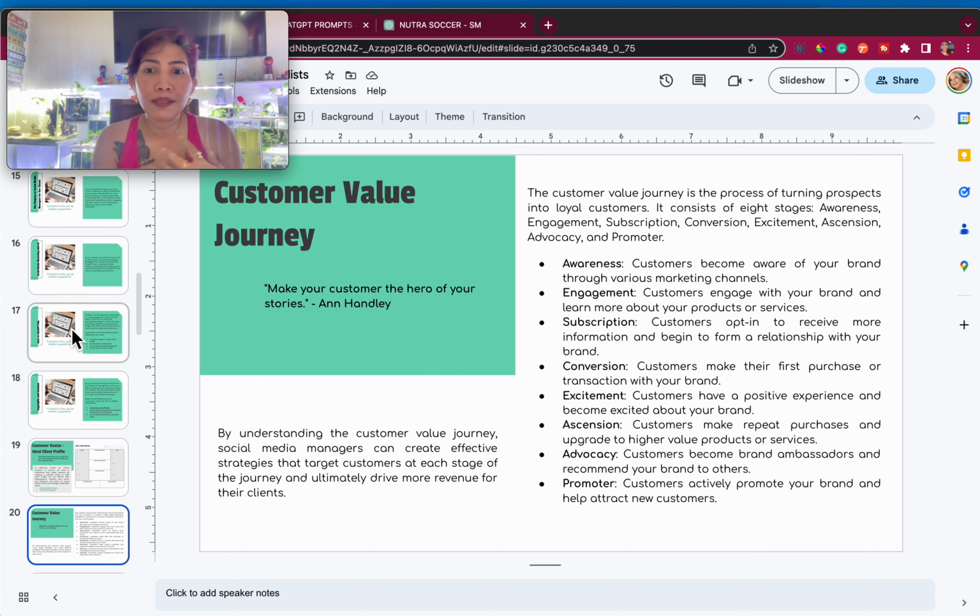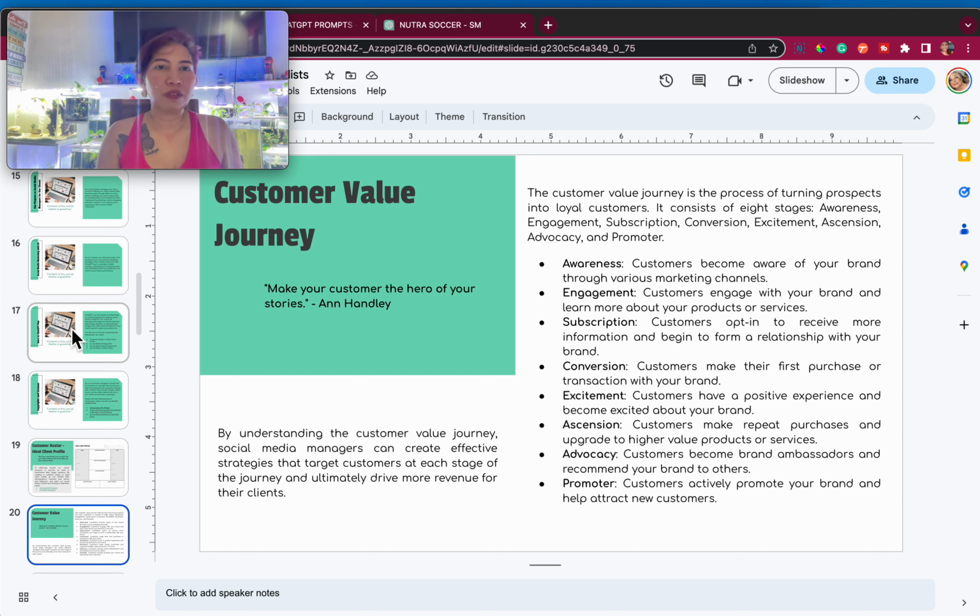Now they send us feedback. We want to get their feedback about that. We want them to continue participating and engaging in our social media posts. Now they are proud owners of the sunscreen that our client is selling. So we want to get them to that stage where they're excited. They're proud of the positive experience and they're excited about the brand.